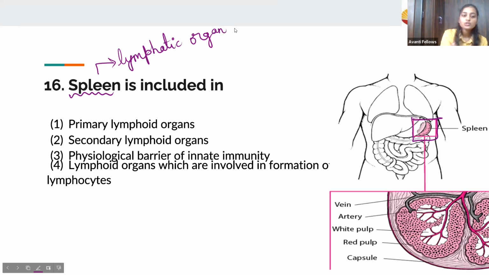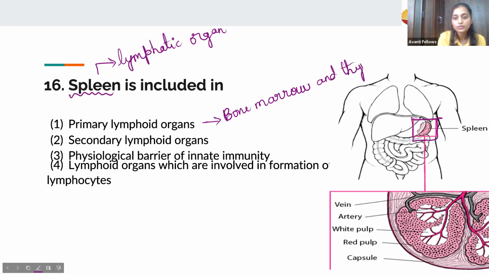So, in which lymphoid organ is it included? Let's see. In primary lymphoid organs, we have bone marrow and thymus.